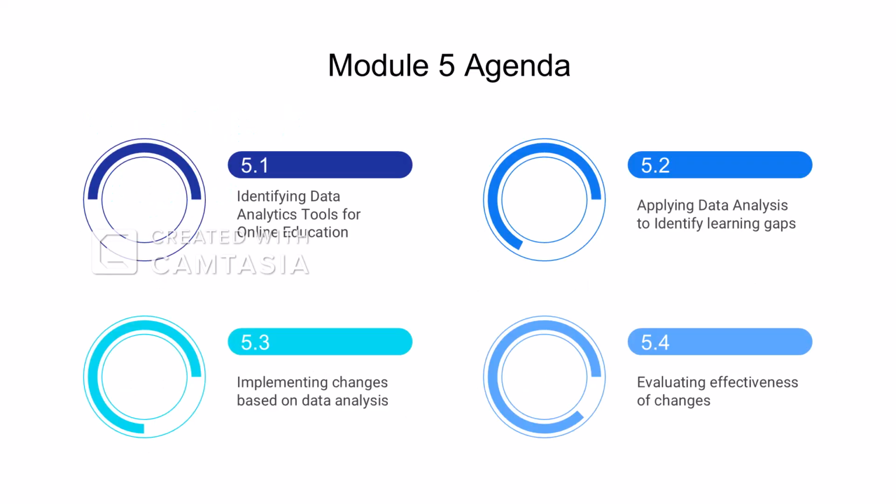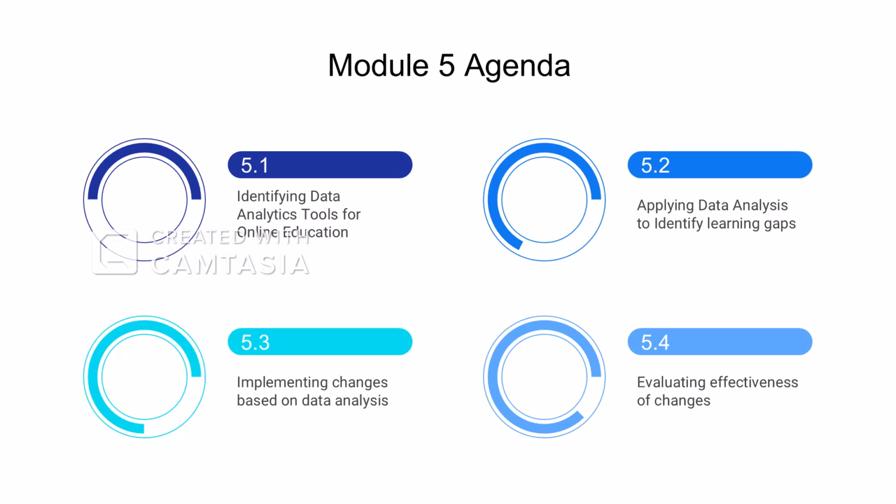On our agenda, we have part 5.1, which is identifying data analytics tools for online education, in which I will be providing you some learning management systems that you can use in your classroom. Then for part 5.2, we will be looking at how to apply data analysis to identify learning gaps.